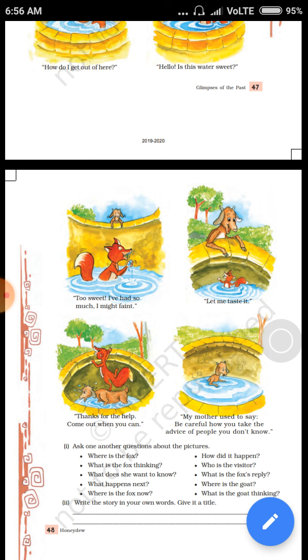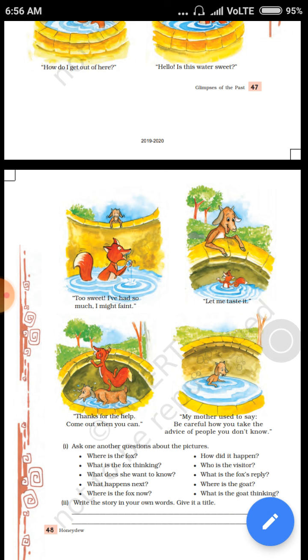The fox got a chance and climbed on the back of the goat and came out of the well. The fox thanked the goat and ran away. Now the goat was thinking about his rescue from the well.